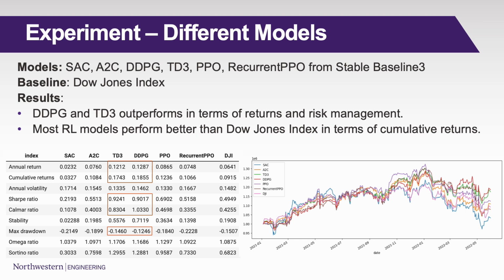These results show that TD3 and DDPG are potentially suitable choices for stock trading, where both return maximization and risk management are critical. In addition, most reinforcement learning models performed better than the baseline, which shows the efficiency of reinforcement learning in solving stock trading tasks.